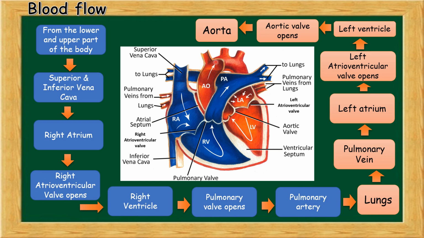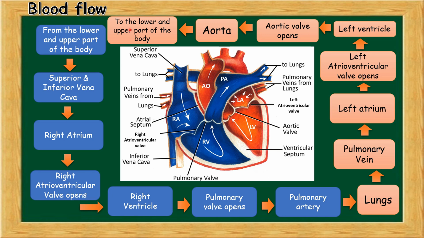And from here, the oxygen-rich blood will move from the aorta to the different parts of the body. Once the blood is distributed from the aorta to the different parts of our body, and delivers oxygen to the different organs and cells that we have, the blood becomes deoxygenated again, or poor in oxygen again.